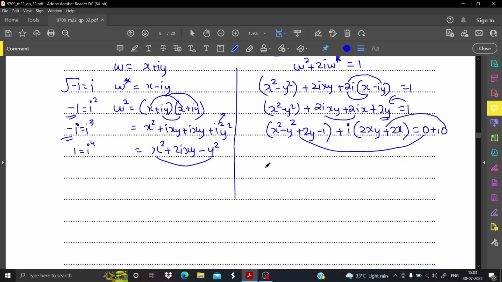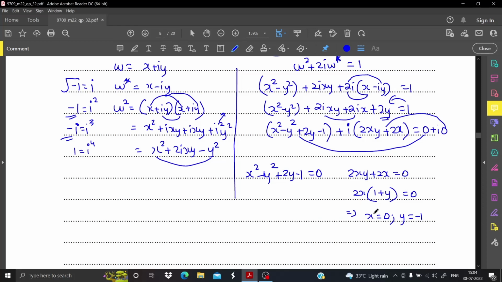Let's see what those two conditions are. We get x square minus y square plus 2y minus 1 is 0. The other condition is 2xy plus 2x equal to 0. From this you can take out 2x common, and get x times 1 plus y equal to 0. So if you solve this, you get x equal to 0 or y equal to minus 1.